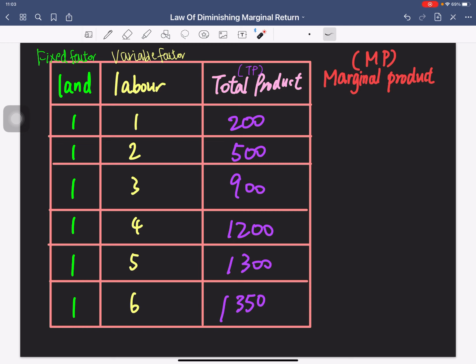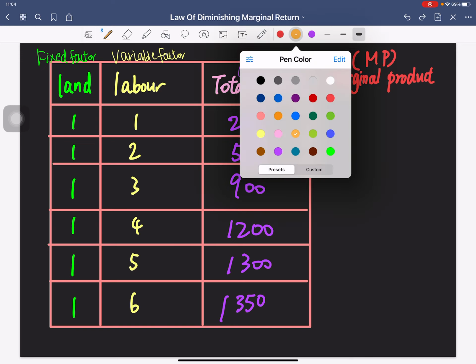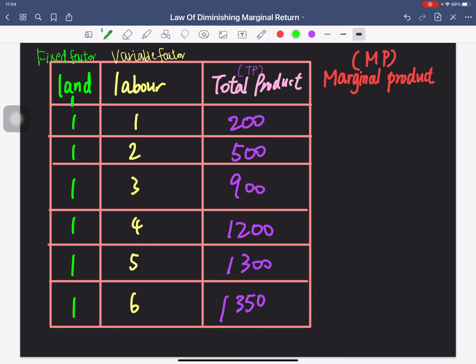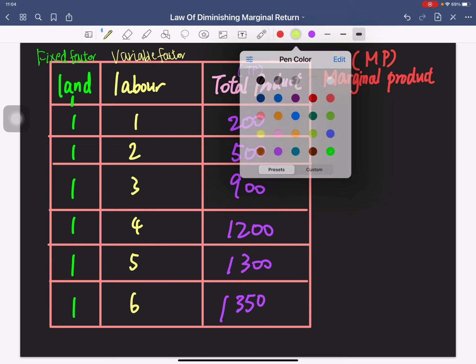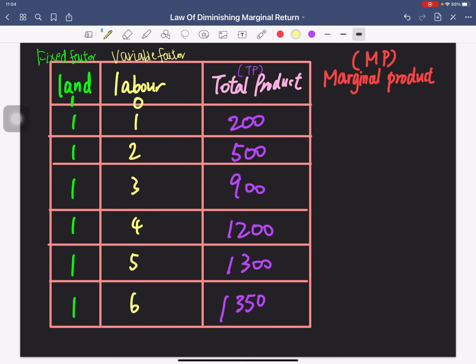For example, when the labor, our variable factor, is 1, our total product is 200. You can imagine there's a line hidden here, if the land remains 1 because this is a fixed factor, and there's a hidden line when the variable factor is 0.